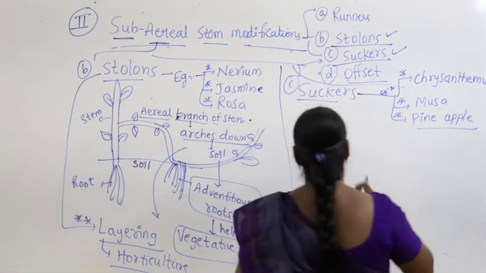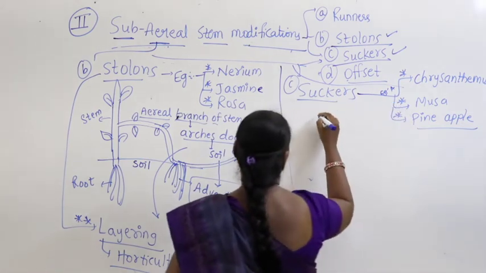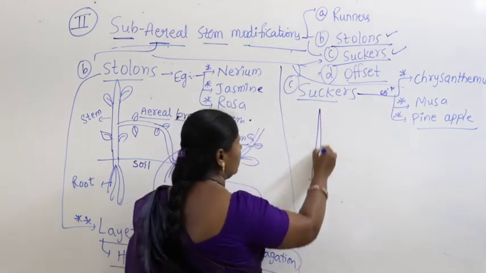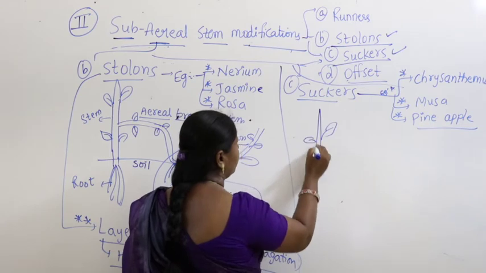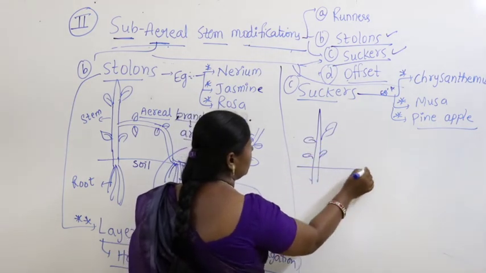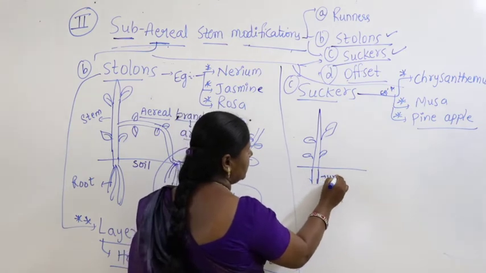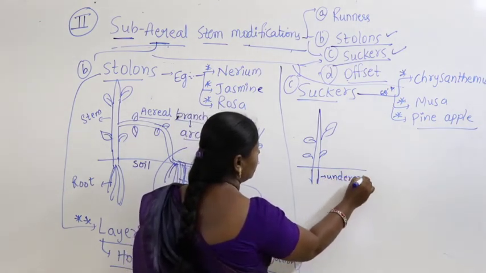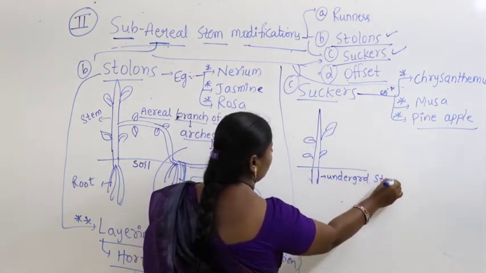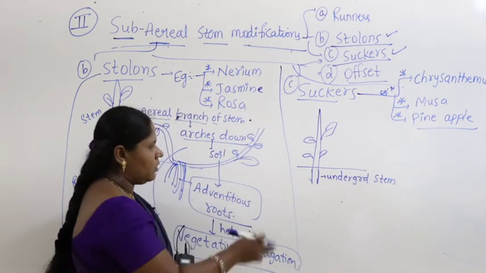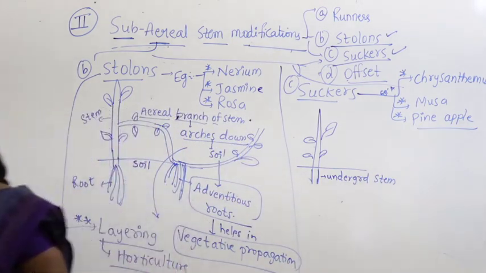Now what you can see in the case of suckers, I am drawing the plant again. The plant is like this. So this is the underground stem. I will write on the other side so that you can see clearly.